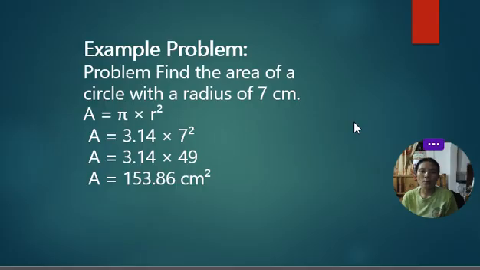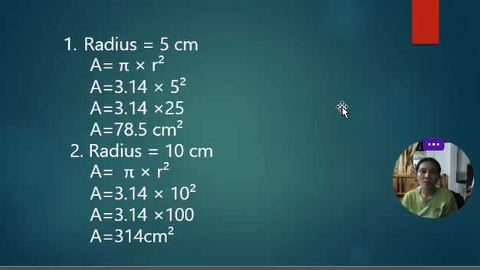So A is equal to 3.14 times 49, since 7 squared is 49. The area of the circle with radius 7 centimeters is 153.86 centimeters squared.